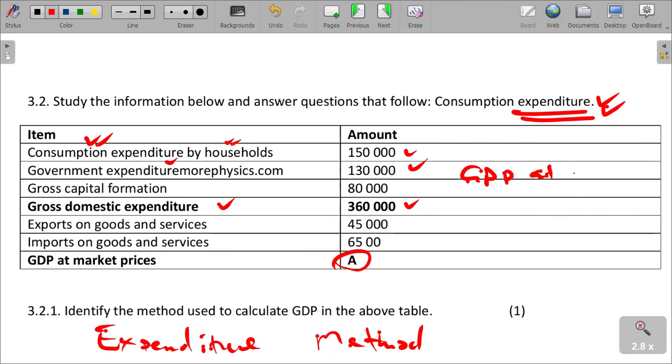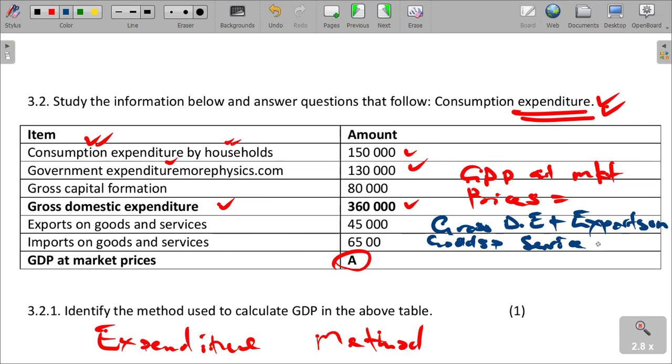GDP at market prices is equal to gross domestic expenditure, plus exports of goods and services, minus imports of goods and services.